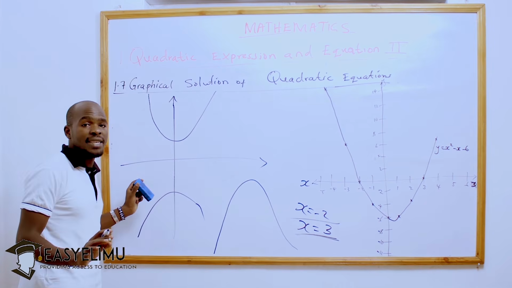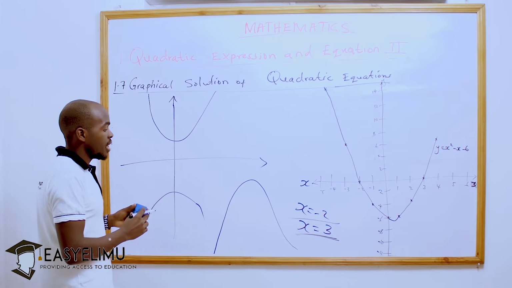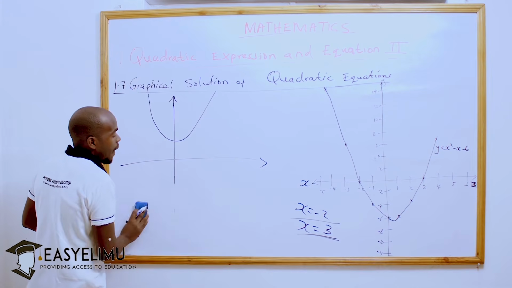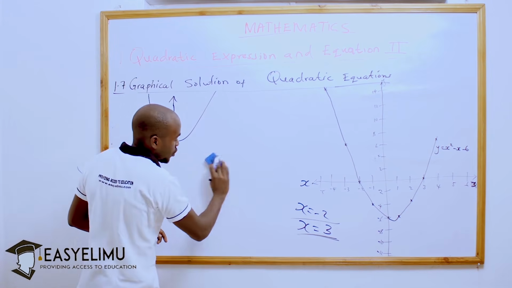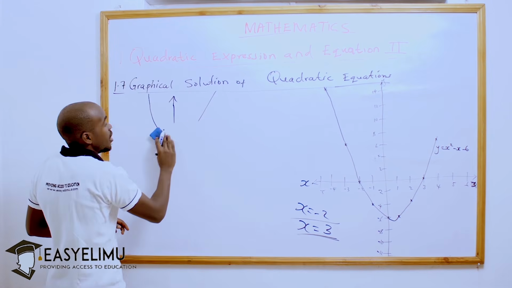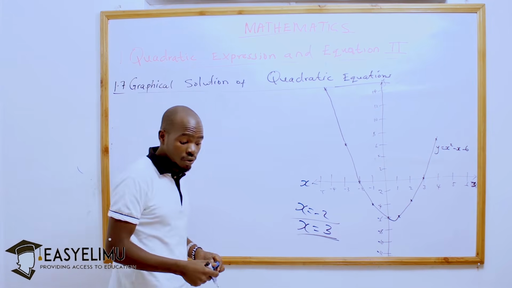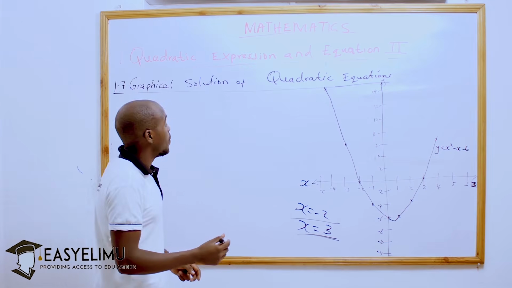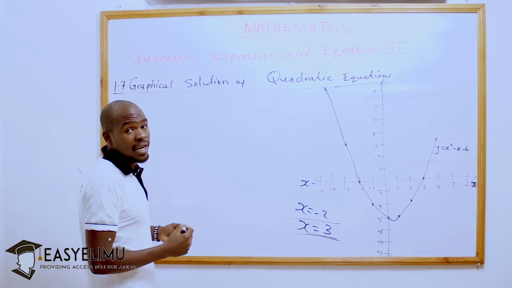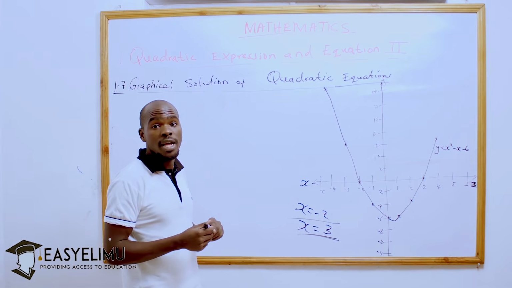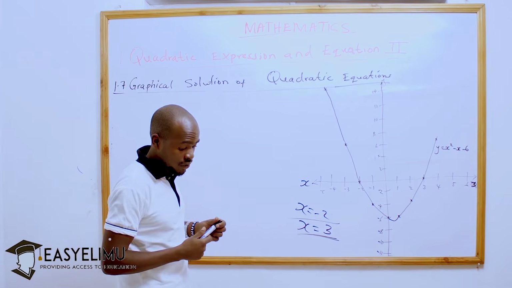It doesn't cut the x-axis at any given point. Then that graph has no real roots. If you use the quadratic formula to solve that kind of quadratic equation, you will find that the answer under the square root sign is less than 0. So that one has no real roots.